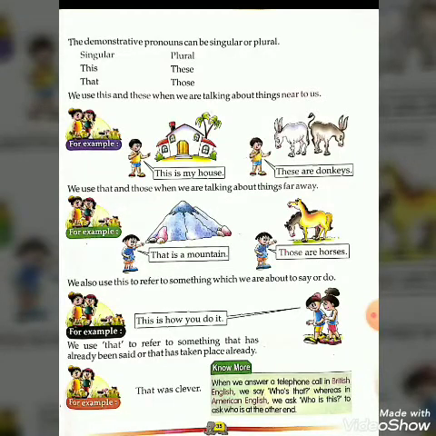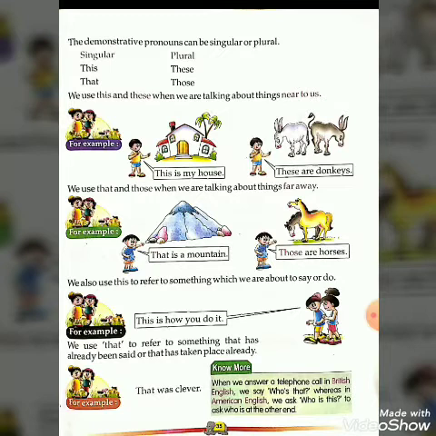Now next, we use that and those when we are talking about things far away. I am repeating once again, we use the words that and those when we are talking about things which are far away. For example, that is a mountain, the mountain is far away.